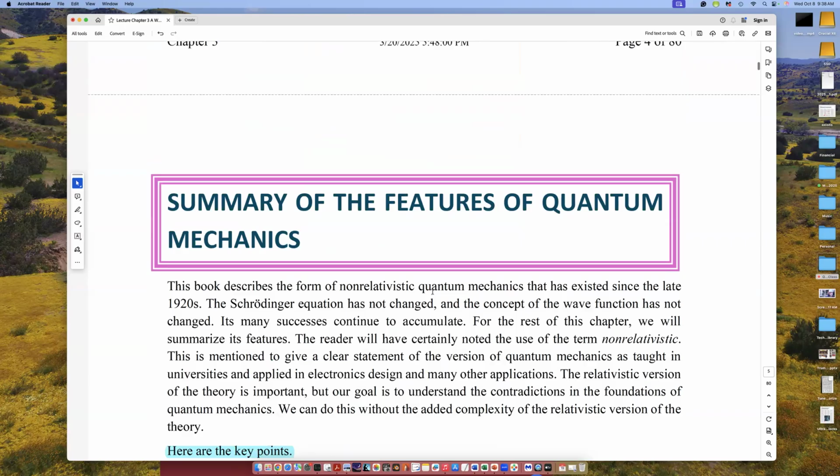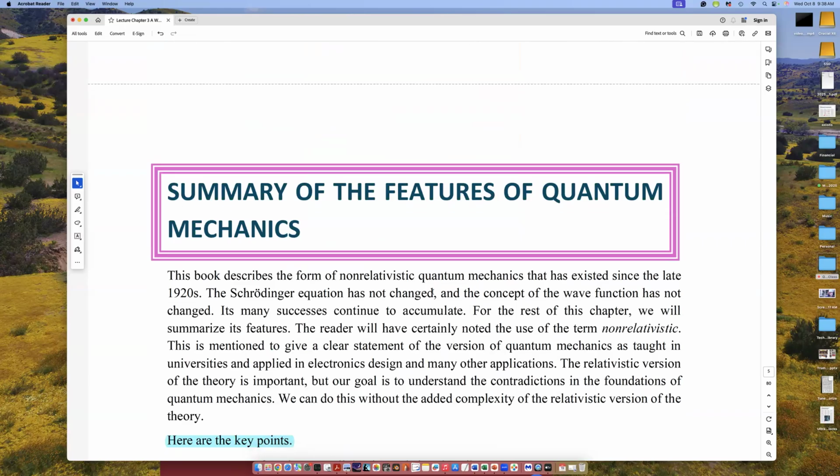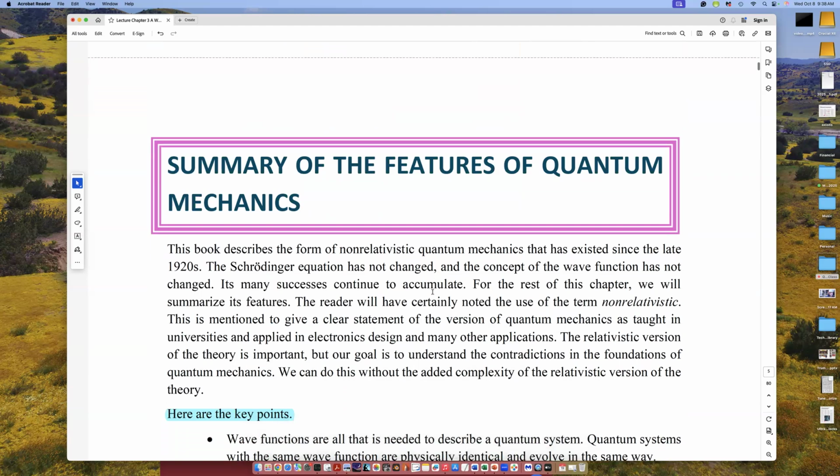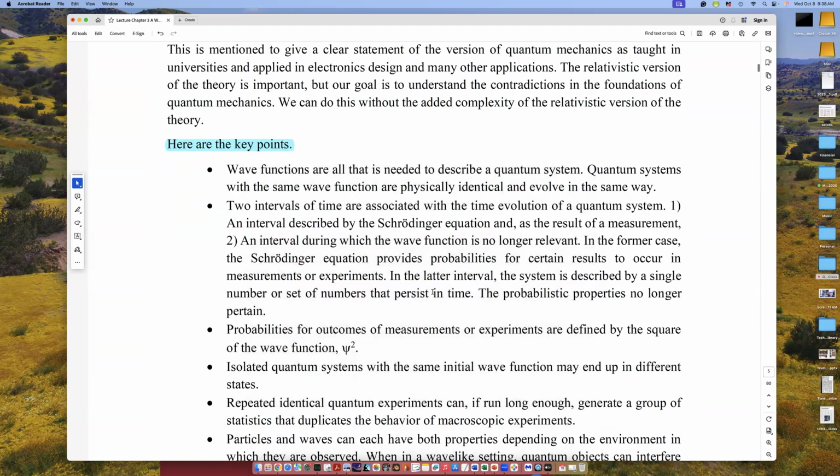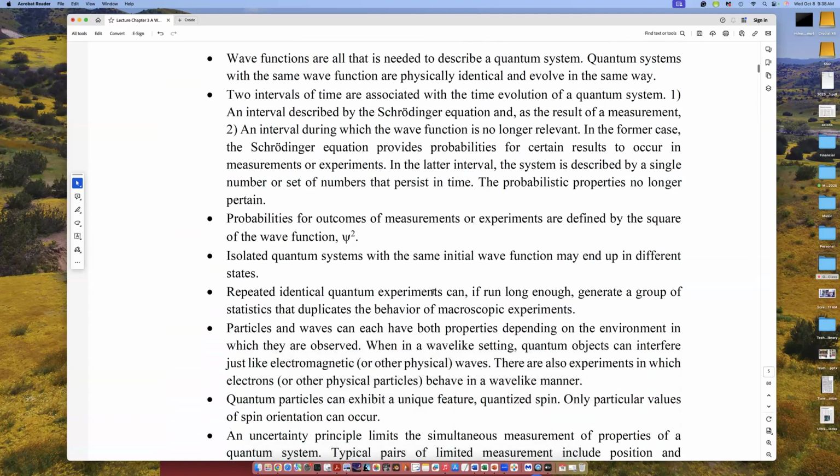So let's review what was covered in lecture 1 and the video you might have watched of lecture 2. What are the key points that we need to digest to begin to understand quantum mechanics? Among those is the introduction of something called the wave function, which is a mathematical description of a quantum system. I'm going to show you examples of wave functions, and we get the wave functions from the Schrodinger equation.